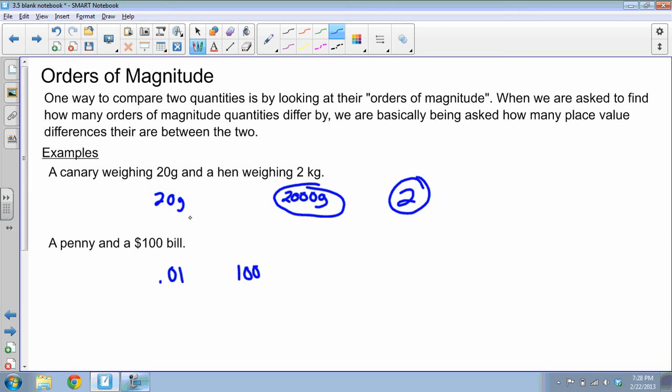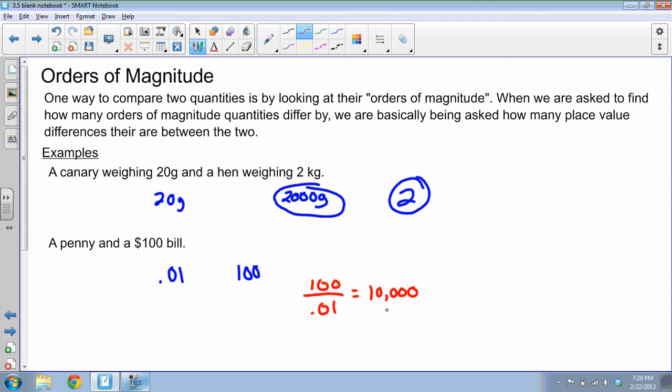And actually, let's talk about a different way that might be easier. If you take these and put them over each other, 100 over 0.01, what do you get? I think I said 1,000, I meant 100. What we get is that a $100 bill is 10,000 times greater than a penny.